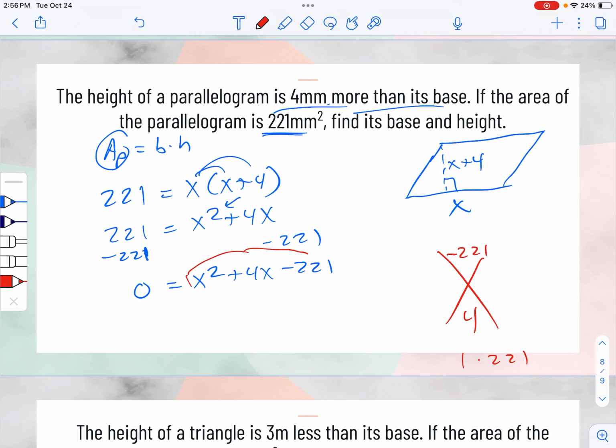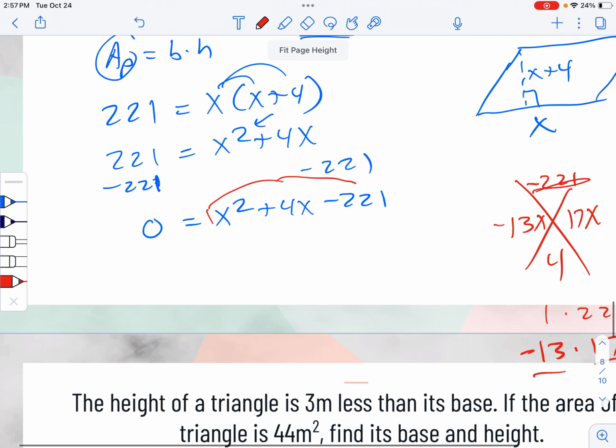Nope. 221 divided by 9. Nope. Not 10, how about 11? Nope. 12 doesn't go in there. 13. Okay, there it is. 13 times 17. I want positive 4, so I'm going to make that negative 13. So that's negative 13x and 17x. So 13 and 17 both go into 221, so keep that in mind.